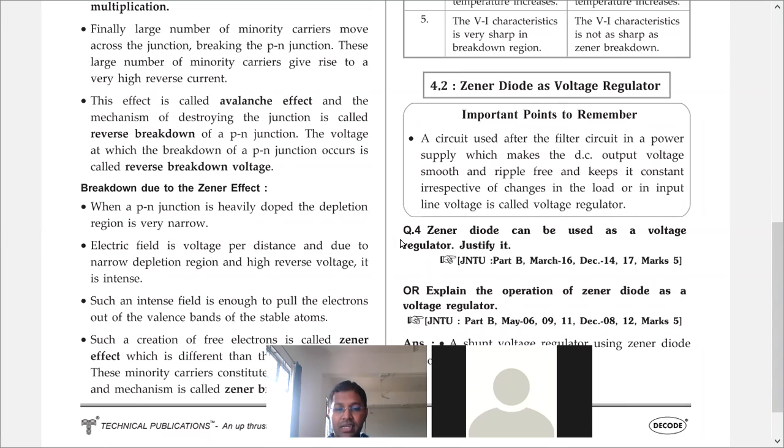Next we go for a filter, again discussed in the first unit, right? After the filter, to maintain constant voltage we connect the regulator, and at the output of the regulator we can expect pure constant DC. That point is given here, right?